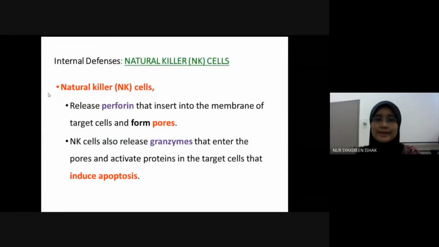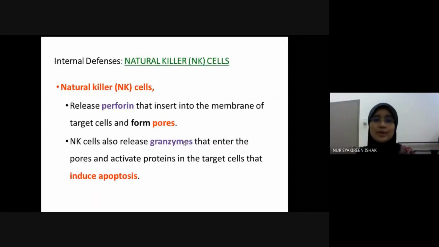So the mechanism: once the NK cell releases perforin, what is the function of perforin? It is inserted into the membranes of the target cells and forms pores. And then after pores have been formed, the NK cell releases the second chemical, which is granzyme.